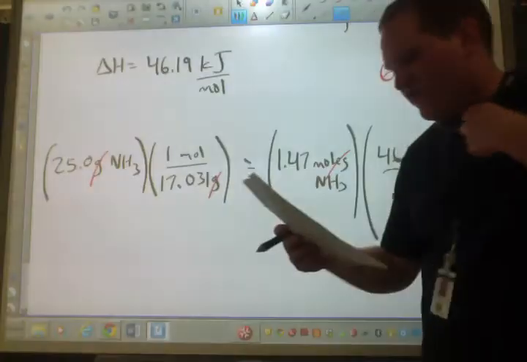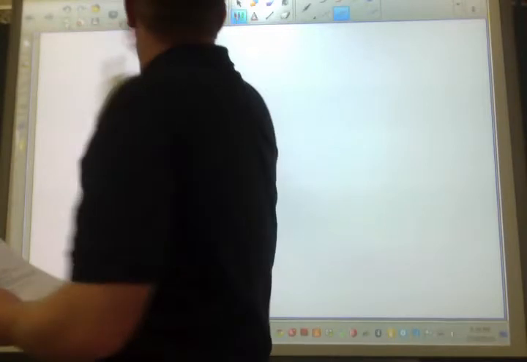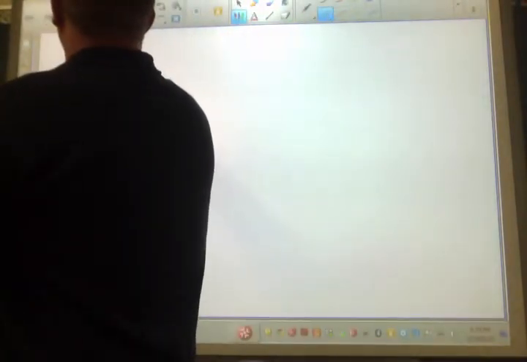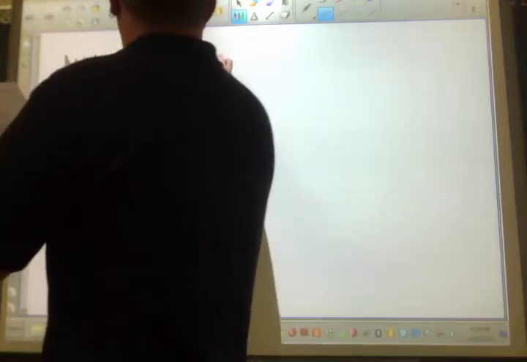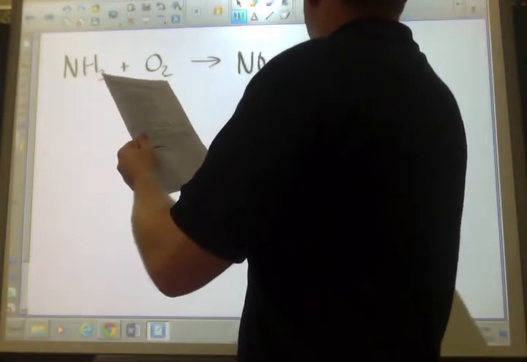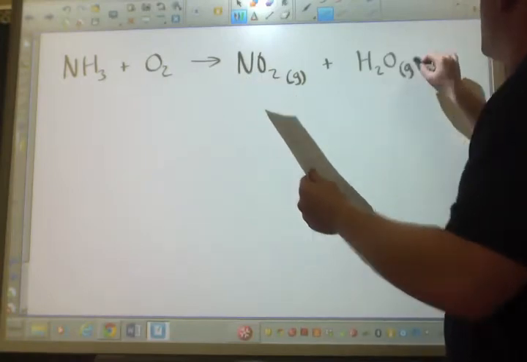Calculate the heat of reaction for the following unbalanced reaction. So that's your hint. First step we need to do is balance this. So we have NH3 again, ammonia, plus oxygen yields NO2 gas plus H2O gas.